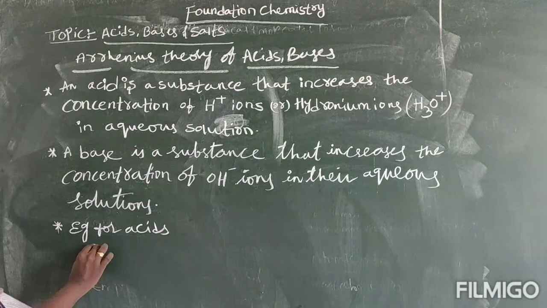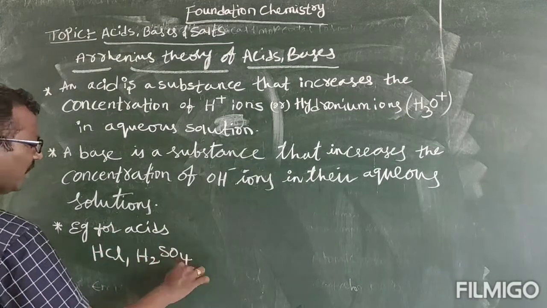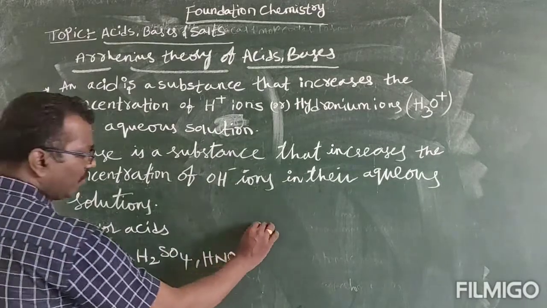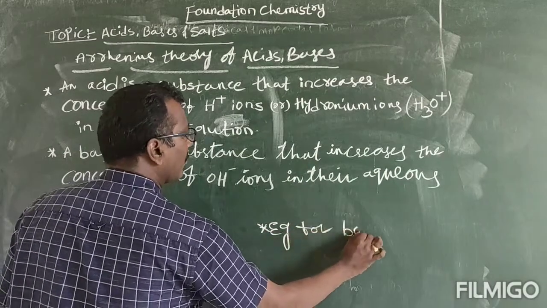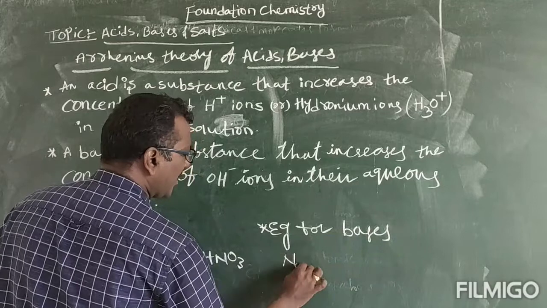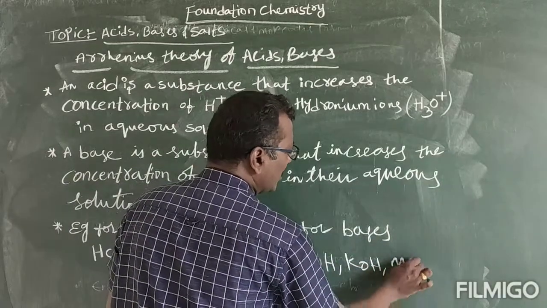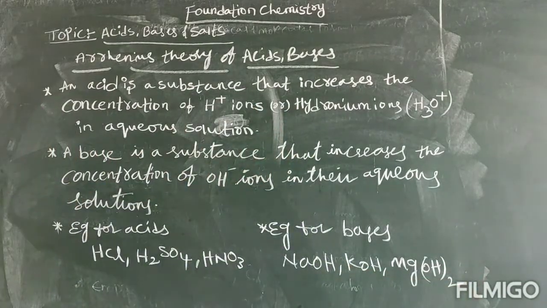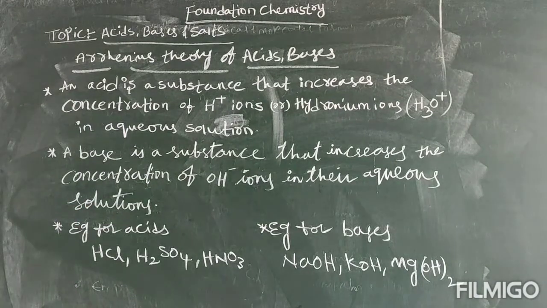HCl, H2SO4, and HNO3 are all examples of acids. And the examples of bases are NaOH, KOH, and Mg(OH)2. All these are examples of bases.